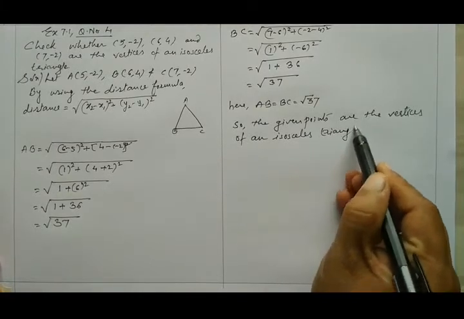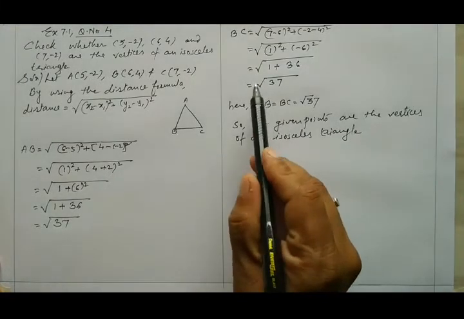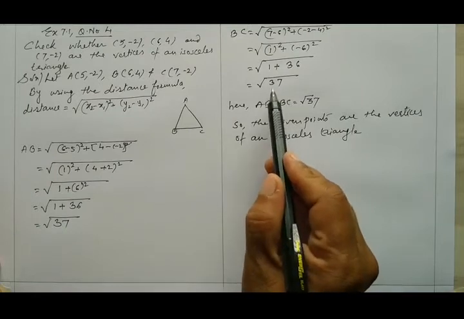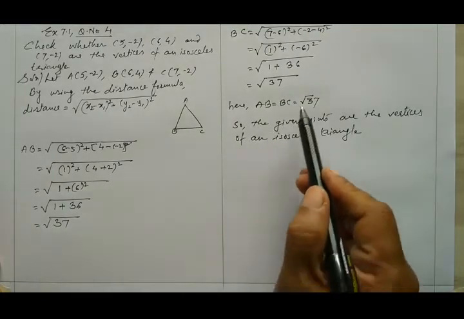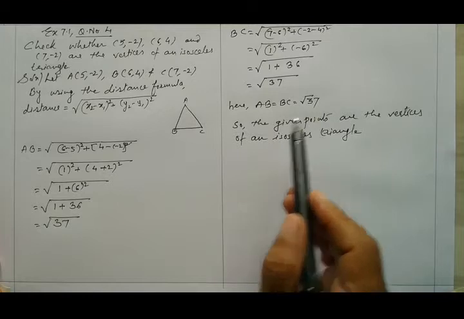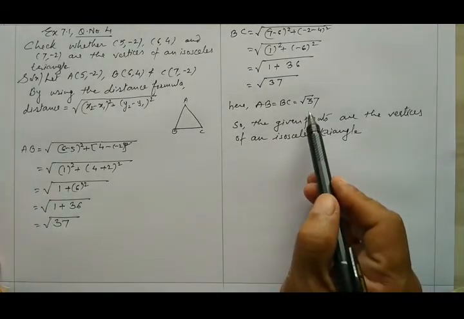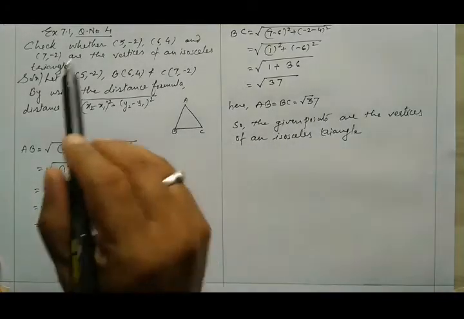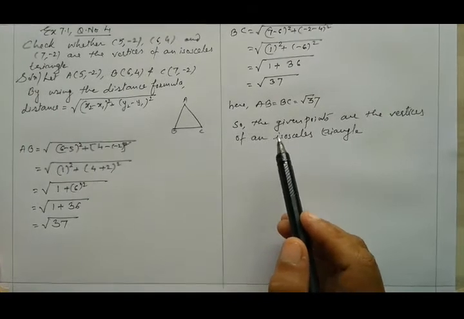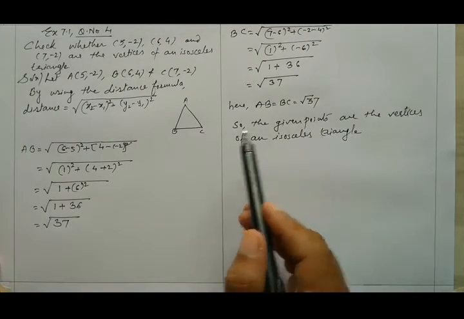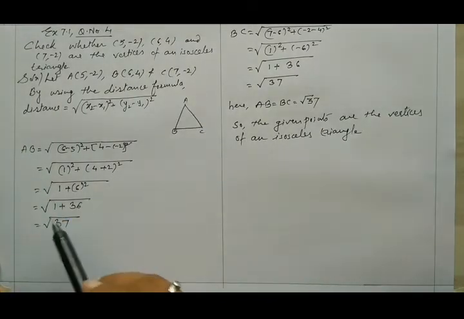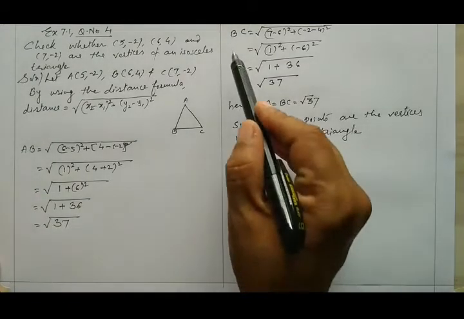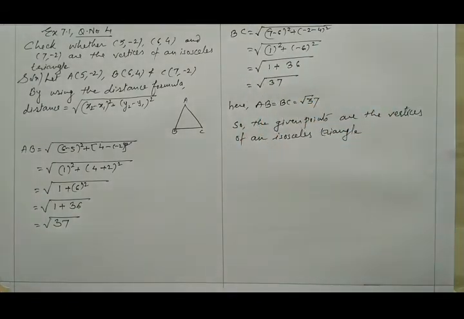Suppose here you are getting other than root 37, then you have to calculate AC and check AC is coming root 37. If AB and AC are root 37, then also the given points form an isosceles triangle. Here no need to calculate AC, because AB we got root 37 and BC also root 37. Hope you have understood this question.